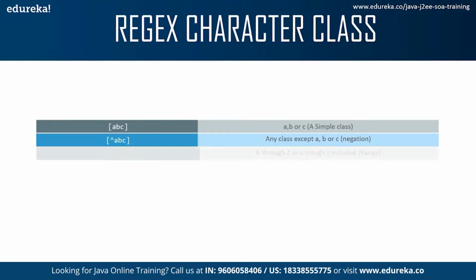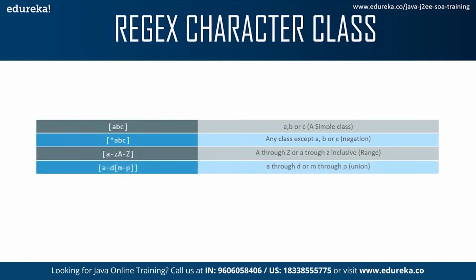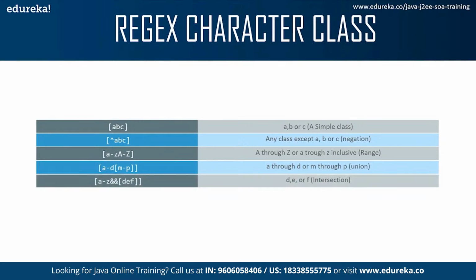Next, you have a-z and capital A-Z, which implies a range that includes small a to z and capital letters from A to Z. Next, it has a through d or m through p. That is a union. And next you have an intersection, like [a-z&&[def]], that is d, e or f.